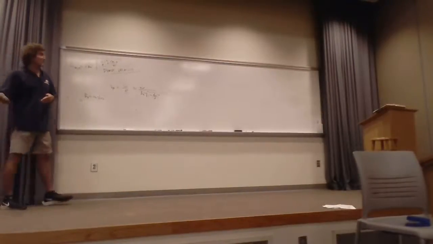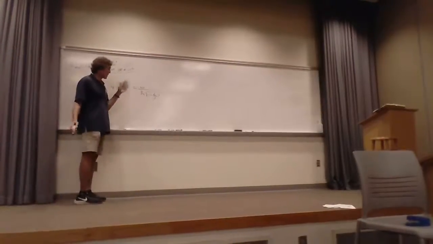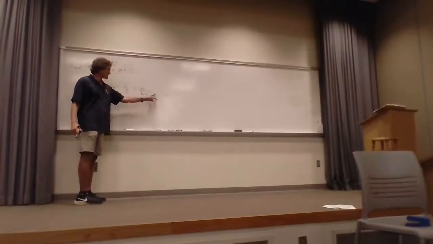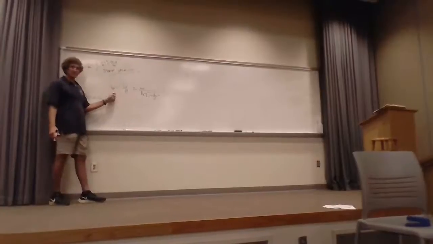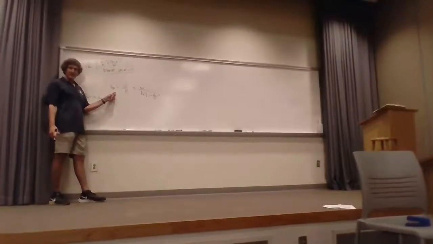Now, I know I have to be above fc in order for propagation to occur, which means fc over f is less than 1. But when it gets very close to 1, what happens to the phase velocity? Going to infinity, isn't it? Y'all with me on that?